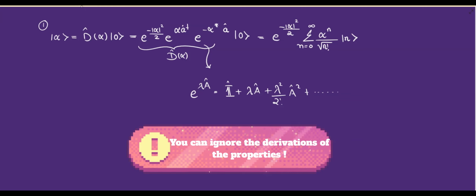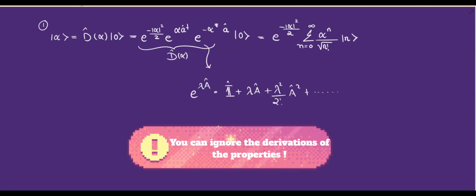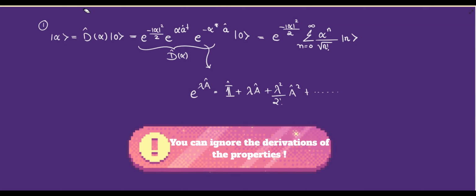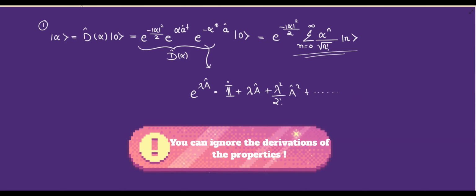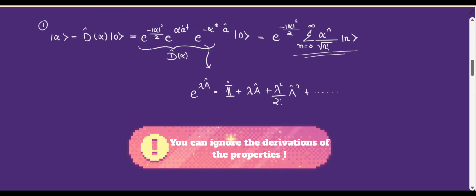If I replace capital A by small a and lambda by minus alpha star, and then act it on this state, and similarly do it with the other operator, then I will get this as the output, where there will be this factor e raised to minus mod alpha squared extra over there.